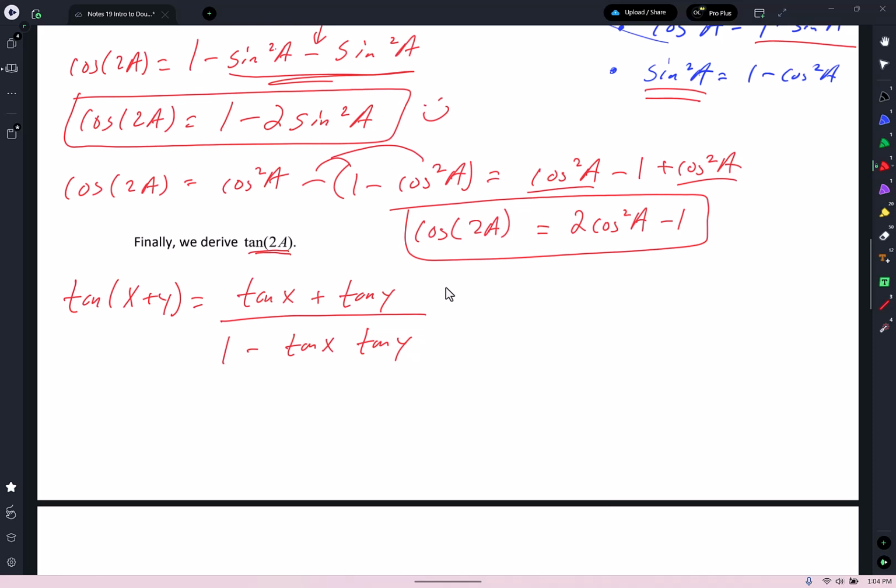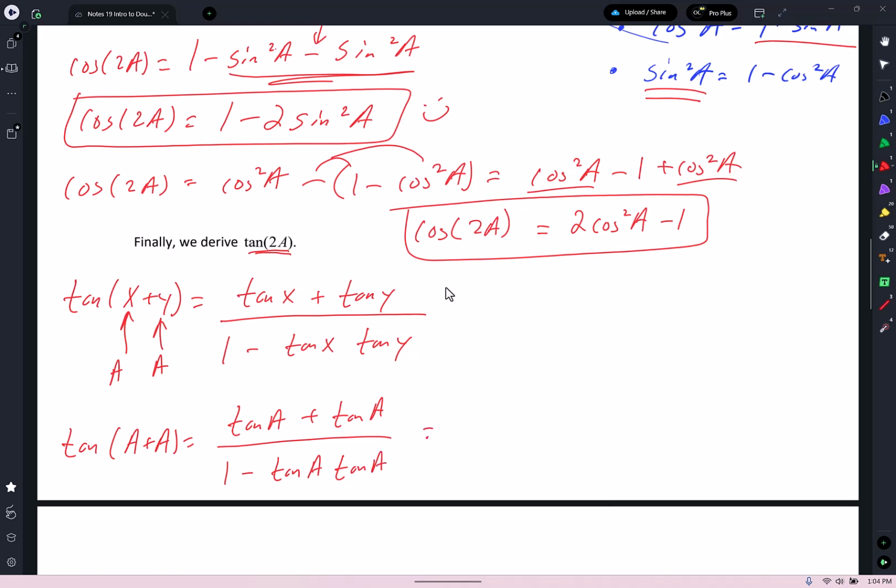Once you've done it 3 or 4 times, you pretty much have it memorized. So you already know the hack. I'm going to turn that x into an a and that y into an a. So I'm going to write tan of a plus a equals tan a plus tan a over 1 minus tan a times tan a.